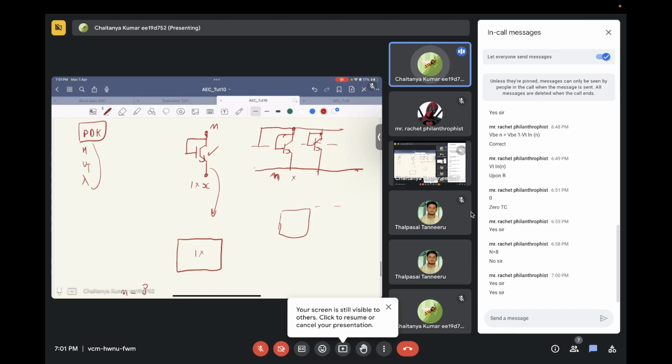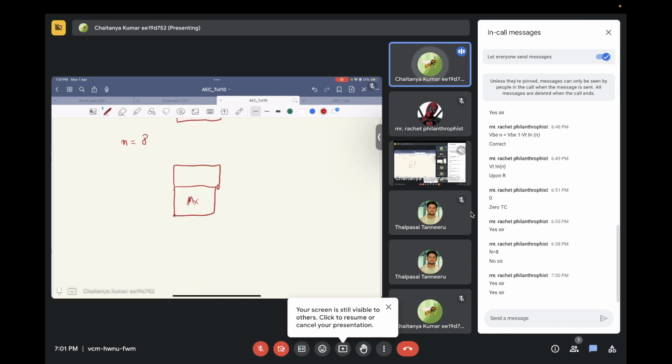Let's call this transistor M1, this transistor M2. You will place M1 in between, and M2 you will place like this. So M2 is basically a replica of 8 such M1.